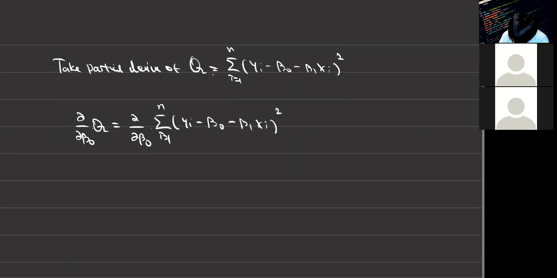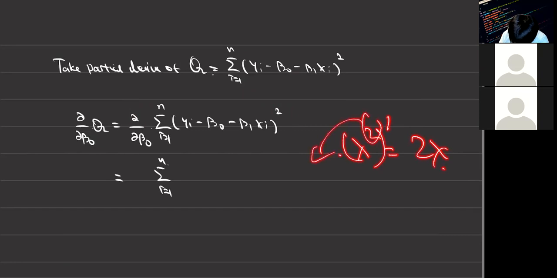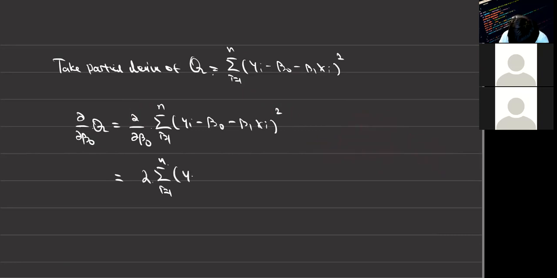All right. So let's write that out. So derivative: the summation stays the same. And then this 2 comes out, because if you do x squared, then the derivative of x squared is 2x. So I can write 2 here, and then whatever is in the middle, I can copy that down. But since you're taking a derivative with respect to beta 0, don't forget the chain rule.